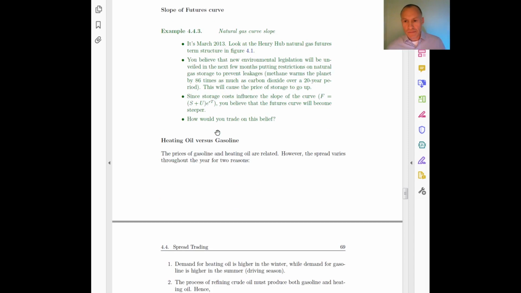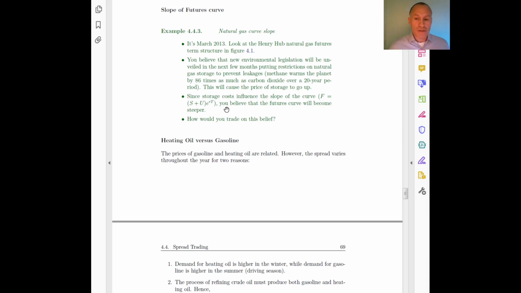Okay, a different trade. Now let's think about something you can do with the slope of the futures curve itself, right? So suppose for some reason, you can read up this scenario here, you expect the curve to become even more inclined, steeper. Okay, so how can you trade on that, right?